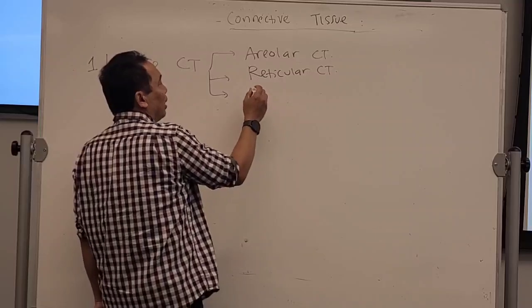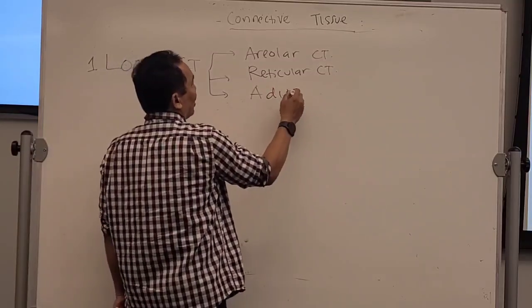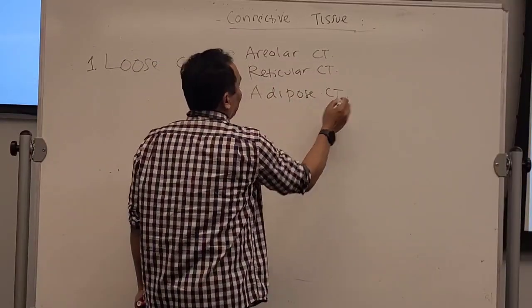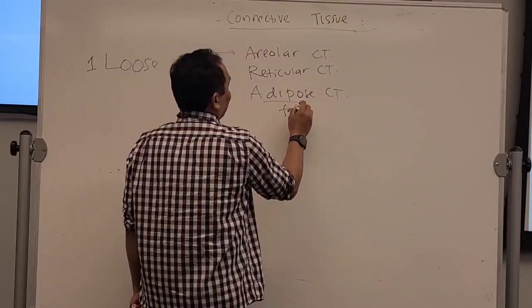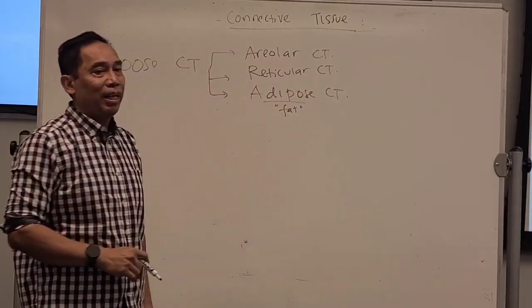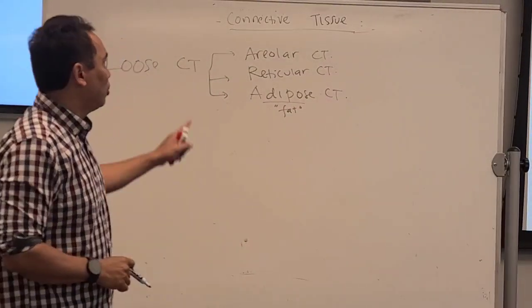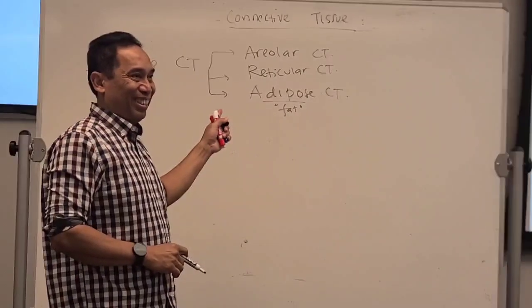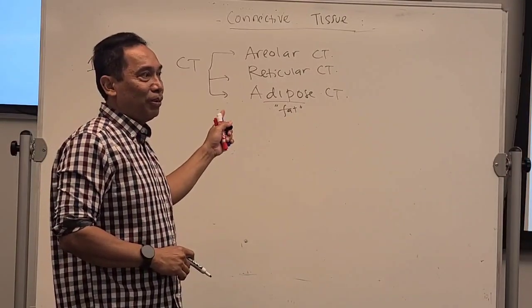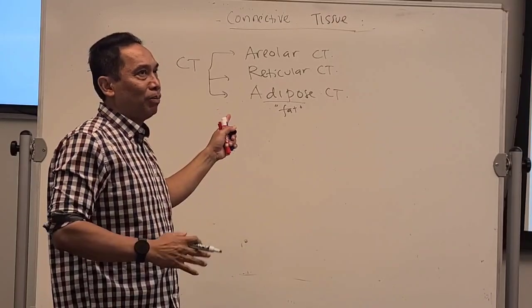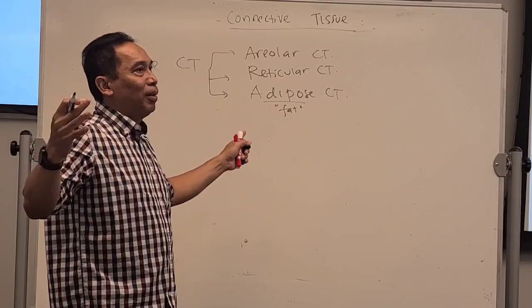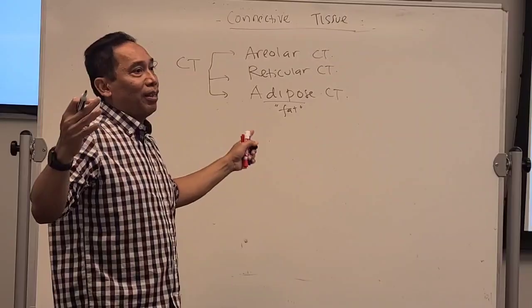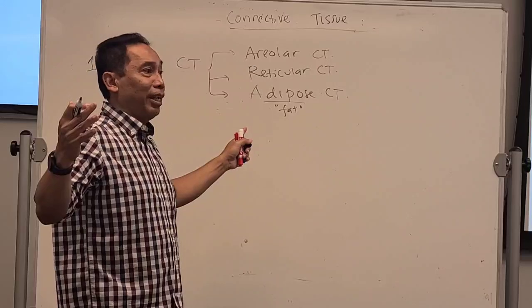And the last one is called the adipose connective tissue, which is fat. This is fat tissue. Fat tissue mostly does not really have fibers in it. And fat tissue actually has the ability to fill with fat as much as it can.